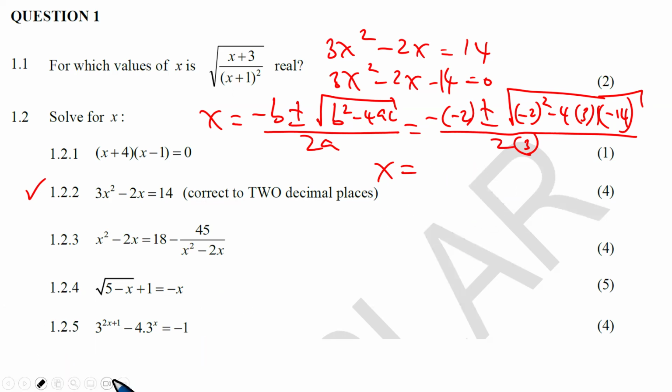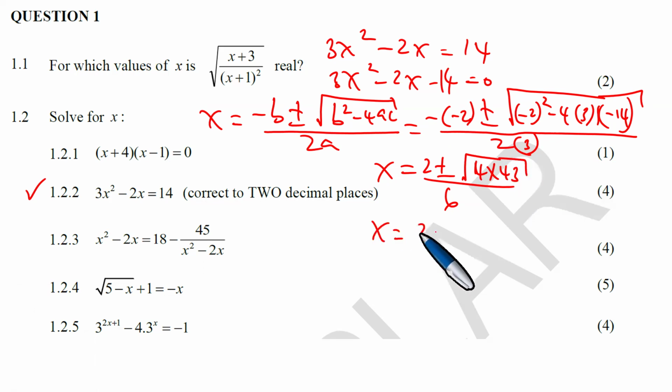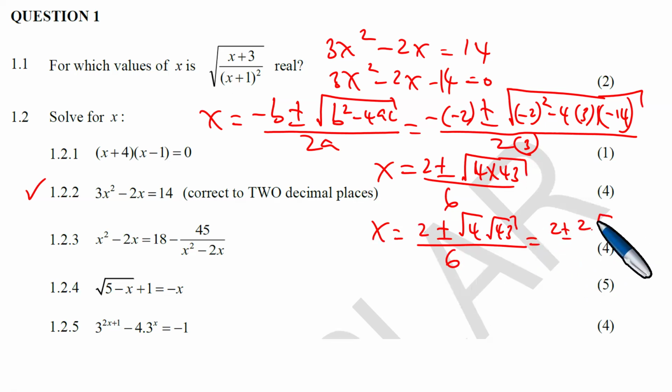So what we then have is negative, negative, which is plus, 2 plus or minus the square root of 4 times 43 using a calculator, divided by 6, which is 2 plus or minus 2 square root of 43 out of 6.